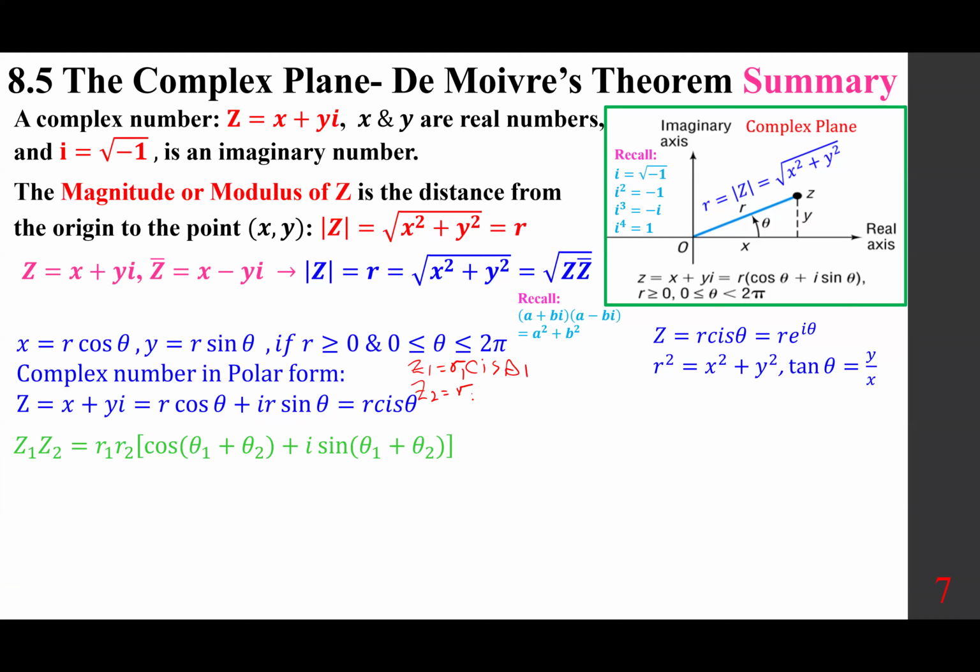Say z2 is r2 cis theta 2. That's the idea, everyone. And therefore, we have what you can see.